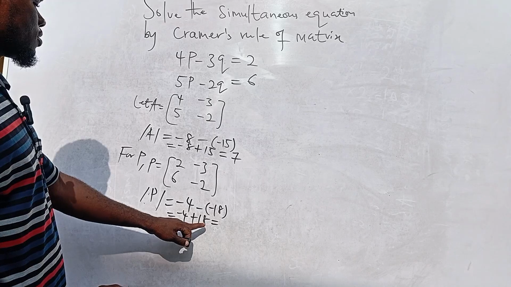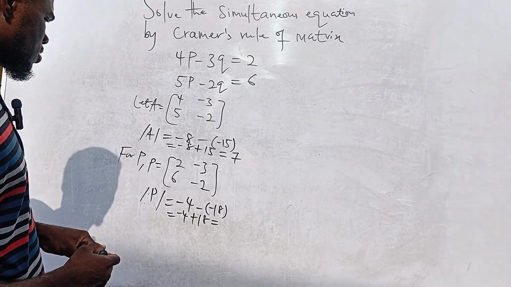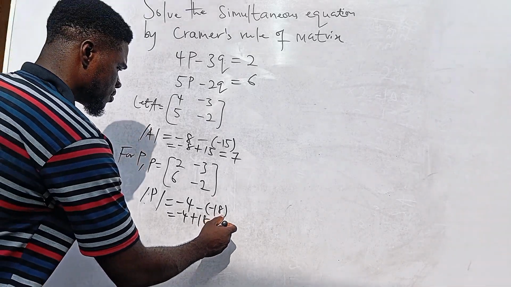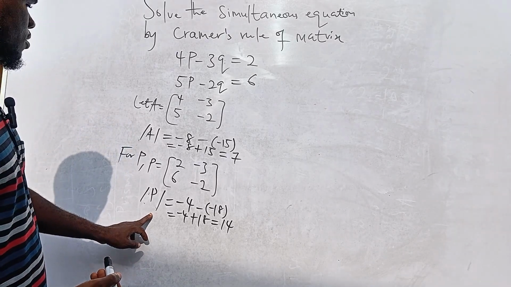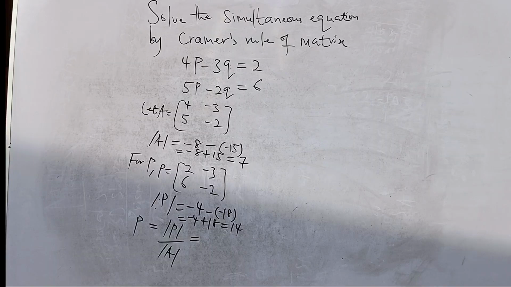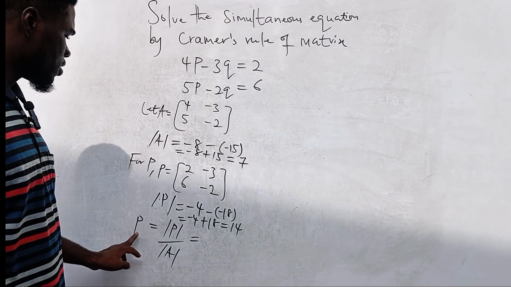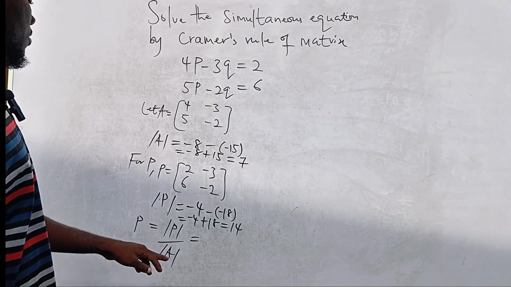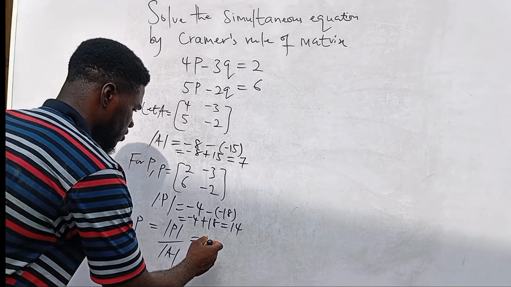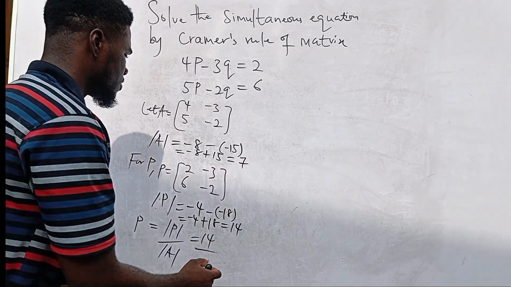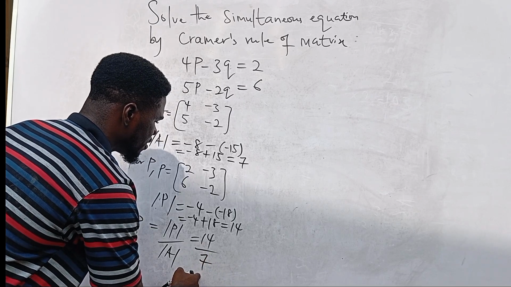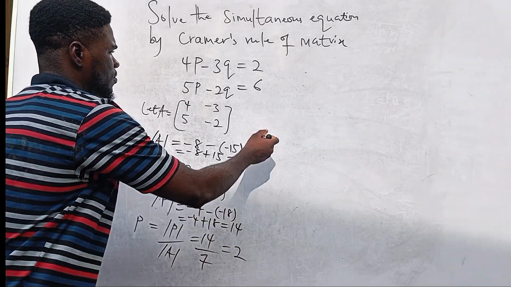So the minus 4 plus 18 becomes positive 14. Okay, now you found the determinant of P. Now for P, the determinant of P over determinant of A is going to give you the value of P. We'll have it as 14 divided by determinant of A, which is 7. When you have 14 divided by 7, your answer is 2.